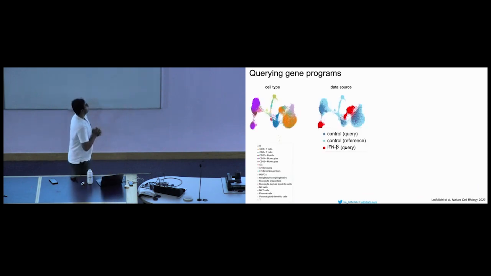This is actually published very recently, like 2 months ago in Nature Cell Biology. And here we integrated 5 data sets. These are PBMC data sets, blood data sets. And then what we did was basically mapping a new data set that contained both control blood cells, so the blood cells that were not perturbed, so normal looking blood cells, and then some cells that were perturbed with interferon beta.